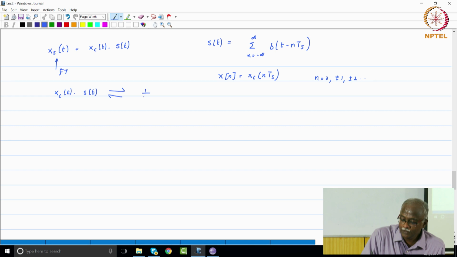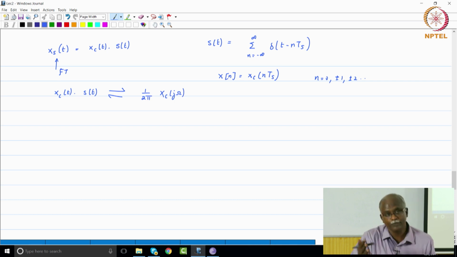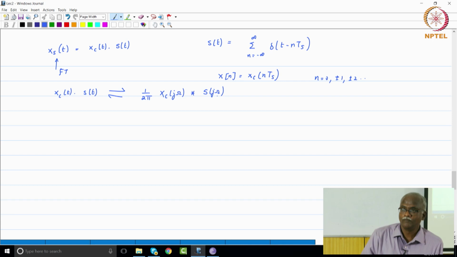So in the frequency domain it is 1 by 2 pi the Fourier transform of xc of j omega, that is the spectrum of the continuous time signal, which has been assumed to be either band limited to begin with or forced to be band limited via filtering, convolved with S of j omega. So the input spectrum is already given to us, and this is what we want to compute.